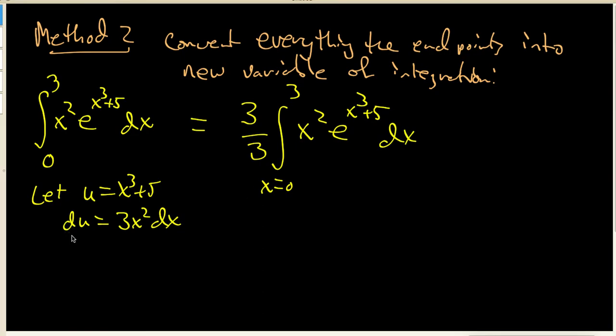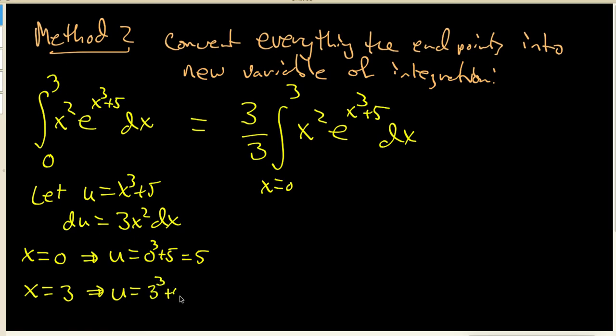But instead of starting to circle things right now, the next thing that I'm going to do is look at this. X equals 0 is going to imply that u is equal to 0 cubed plus 5. In other words, u is equal to 5. And my upper endpoint, x is equal to 3, is going to imply that u is equal to 3 cubed plus 5. That's 27 plus 5, that's 32.